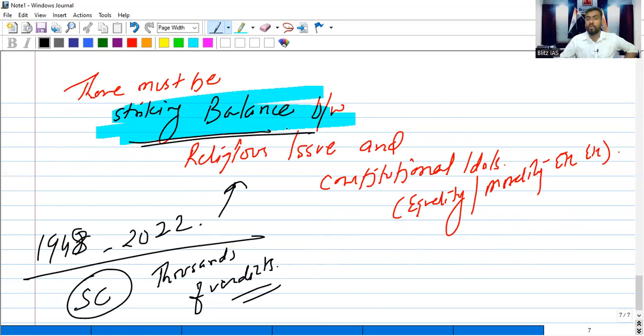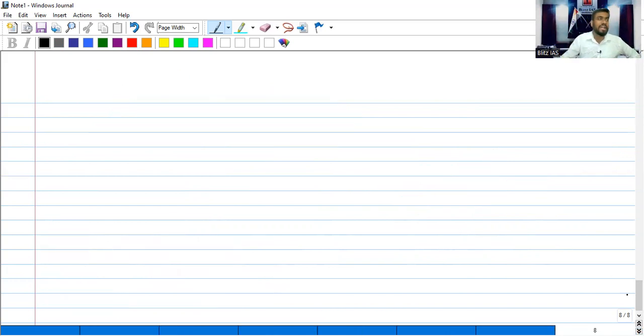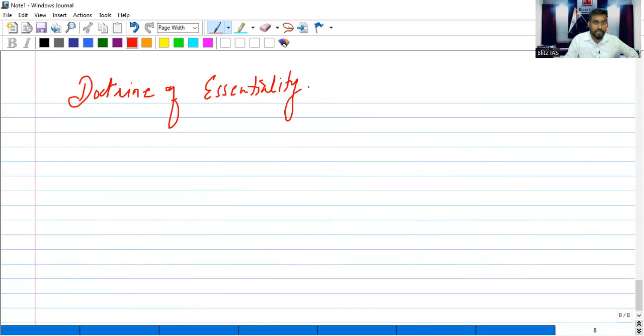तो सुप्रीम कोर्ट ने एक बहुत अच्छा इस पे एक डॉक्ट्रिन निकाला है. The doctrine is called the Doctrine of Essentiality. Essentiality, you know the meaning of essentiality.